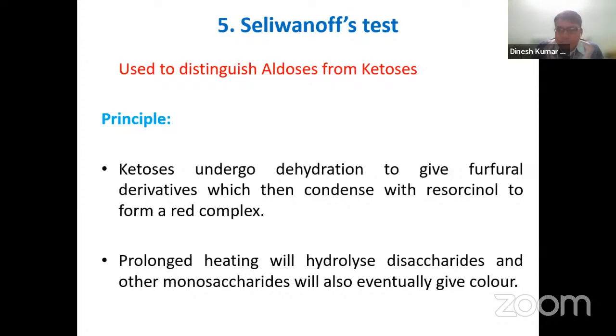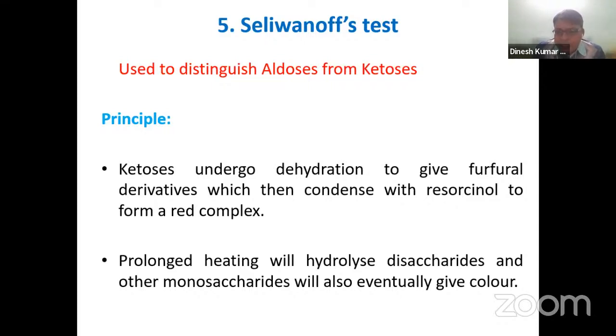So if the test is positive, that means fructose is present in the sample, or if the test is negative, then it shows that the sugar is an aldose sugar and it is naturally glucose. So ketoses undergo dehydration to give furfural derivatives, which then condense with resorcinol and form a red complex.